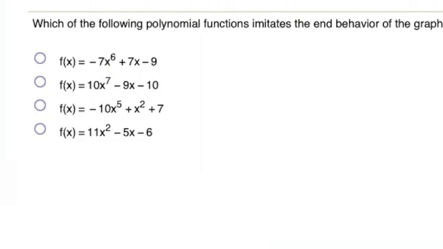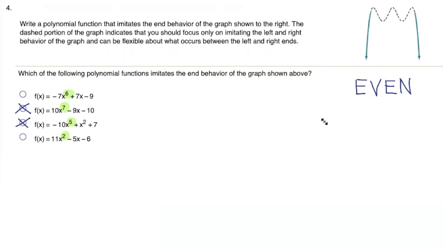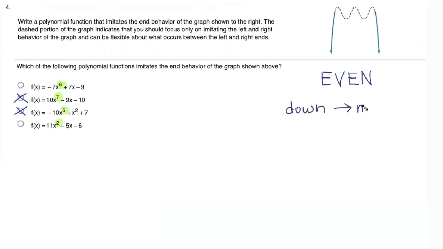So if I look at my choices, the degree of the first choice is 6, which is even. Second choice is 7, so I'm going to eliminate that option. Third choice has degree 5, which is odd. Eliminate that option. And the fourth choice is again even. So I've narrowed myself down to 2 choices. When both ends point down, that tells us that the leading coefficient will be negative.